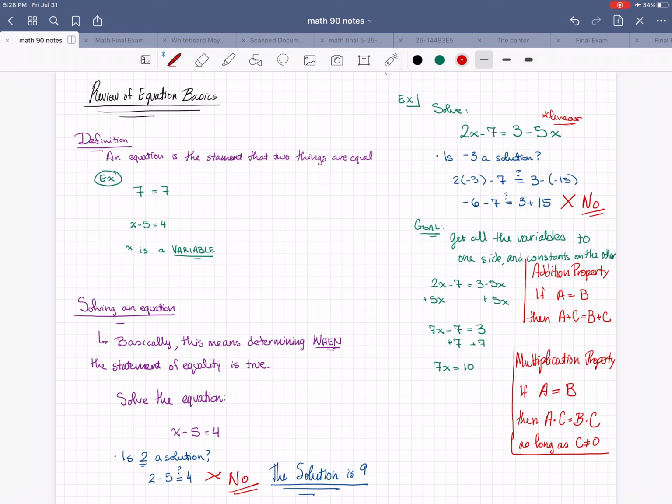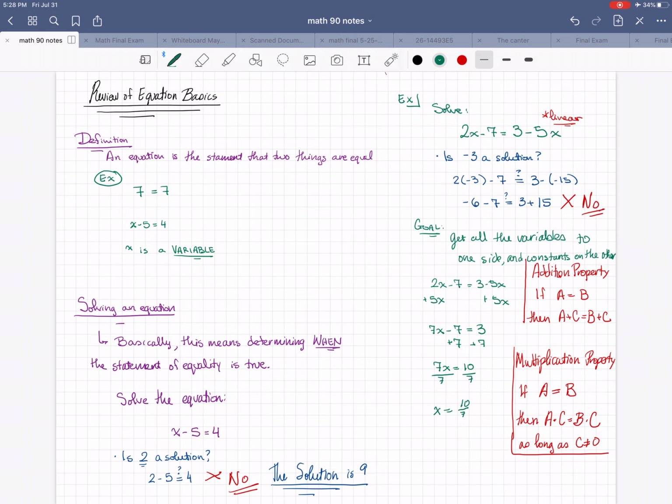So here, when I have 7x is equal to 10, I'm going to go ahead and multiply both sides by 1/7, aka divide both sides by 7. So I have x is equal to 10/7. And at this point, I still have an equation. The equation is x equals 10 over 7.